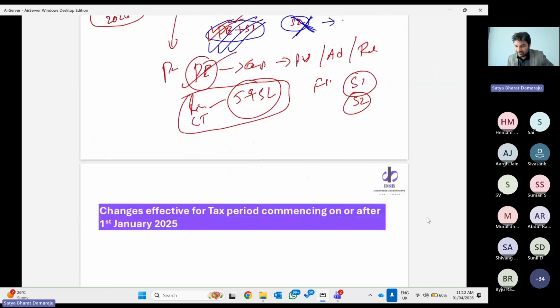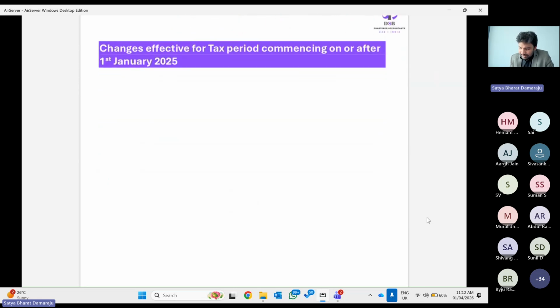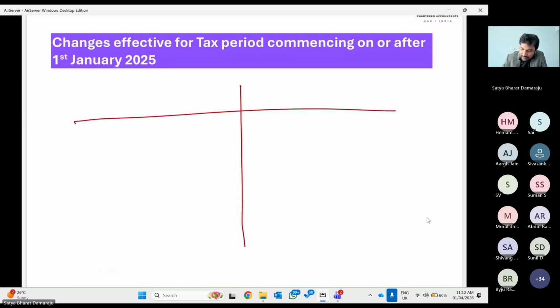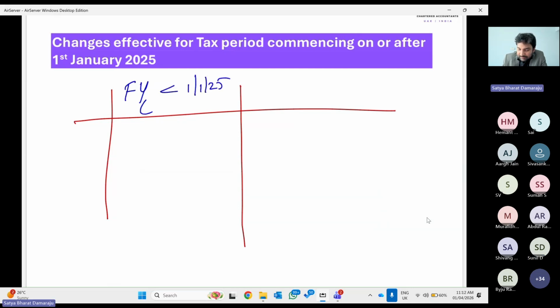These are very basics which we have known for the last 3 years. Now, what are the changes that have happened from the first of January 2025? Let us take a scenario. The financial years which commence before 1st of January 2025, for example, financial year 2024.